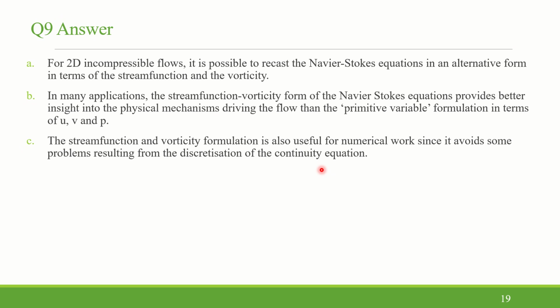But in many of the applications, this form of the Navier-Stokes equation was found to provide better insights into physical mechanisms than the original way of using U, V and pressure. And this formulation is also useful for numerical work, since it avoids problems resulting from the discretization of the continuity equation. So although it is applicable to two-dimensional systems, it has its own advantages as well.